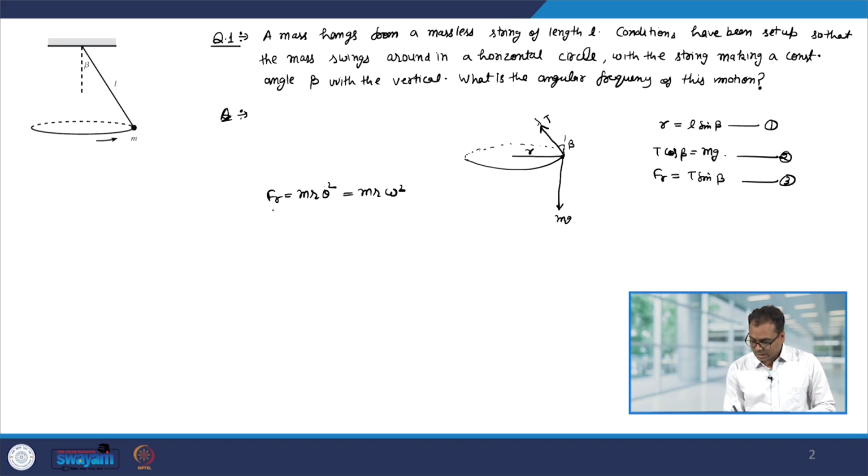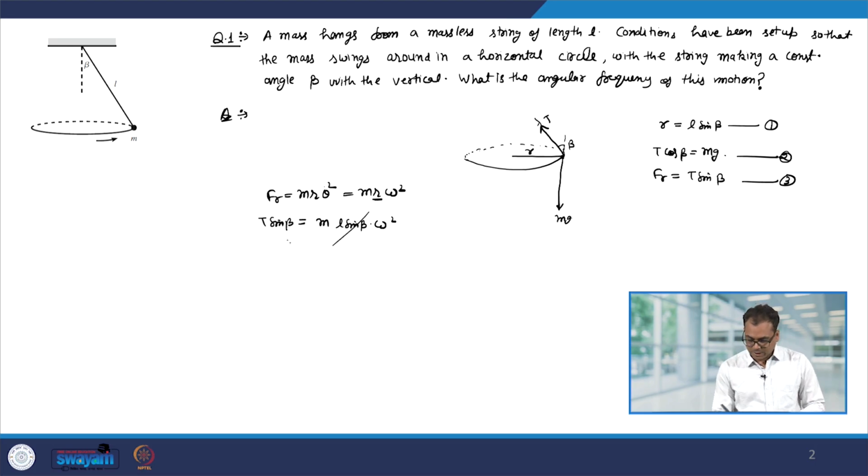Fr I already know, it is T sin beta equal to m r, which is L sin beta, into omega square.